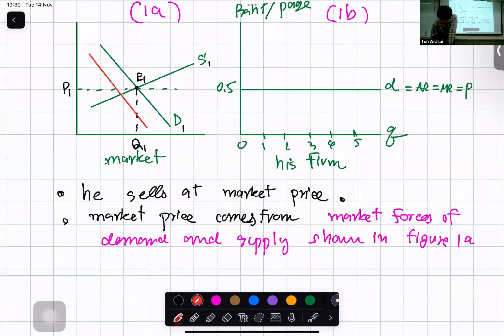Maybe too little shift. E2 must be here. So the price drops, and the quantity traded drops.